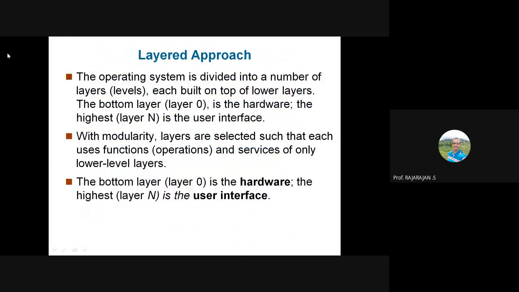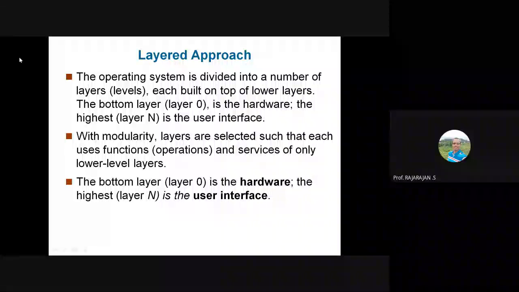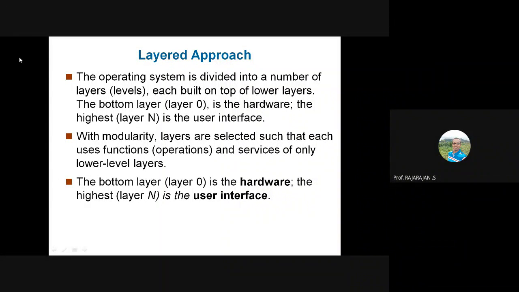The next structuring was the layered approach. Layered is like divide and conquer. Here people recognized that running the entire OS as a single module is not actually good. It has a lot of problems, like for everything you have to make a kernel switch.